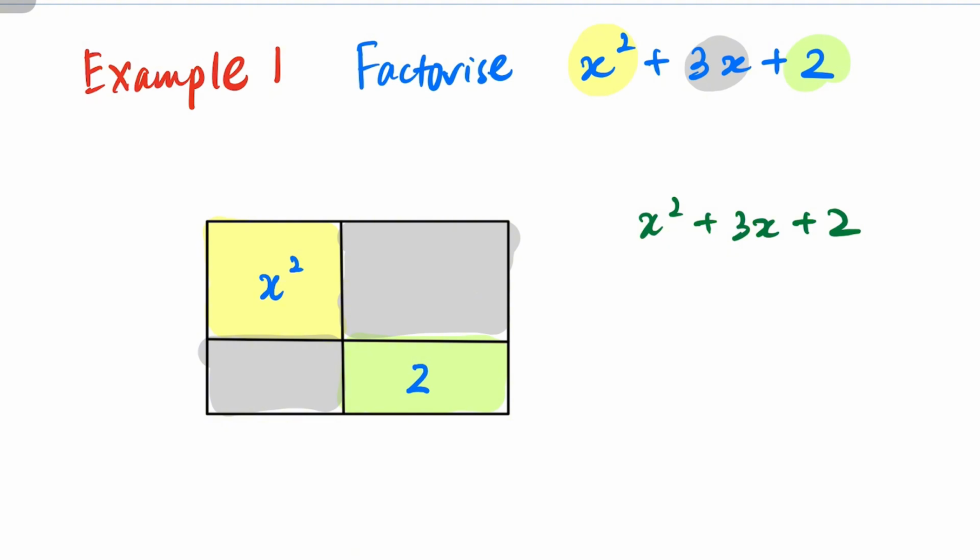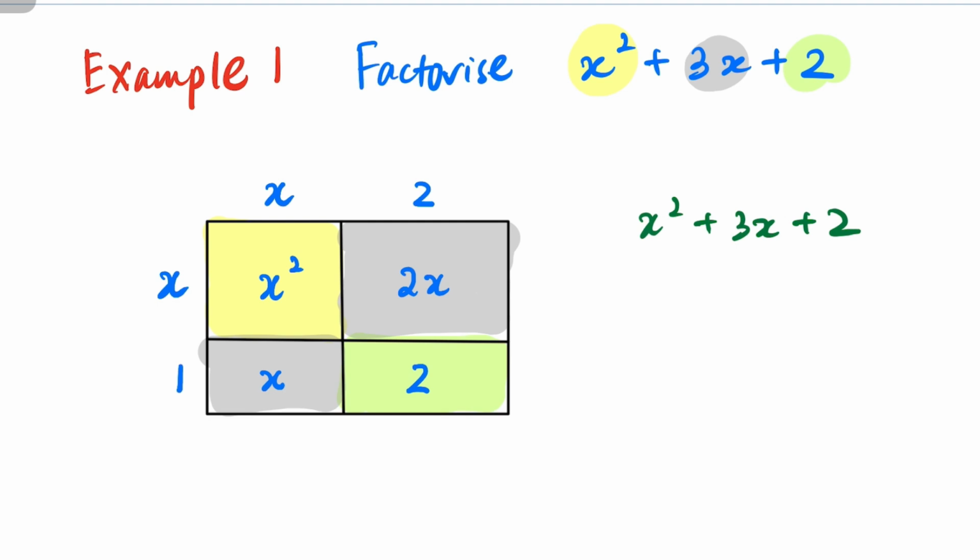So now, what we know for sure is that x times x would definitely give us x squared, right? And how can we get 2? We can have 2 times 1 to give us 2. So now, we can check. If we have 2 and 1, what would be in our gray box? We would have 2x and x. Will these two add up to 3x? The answer is yes.